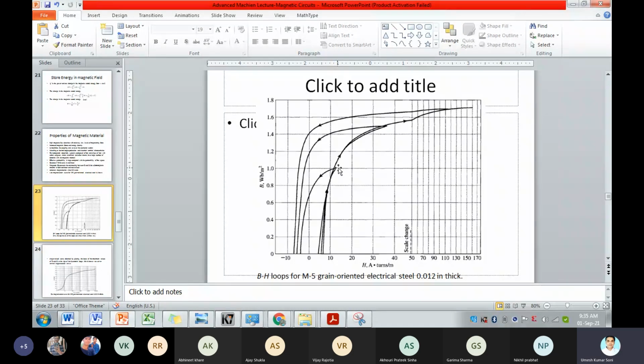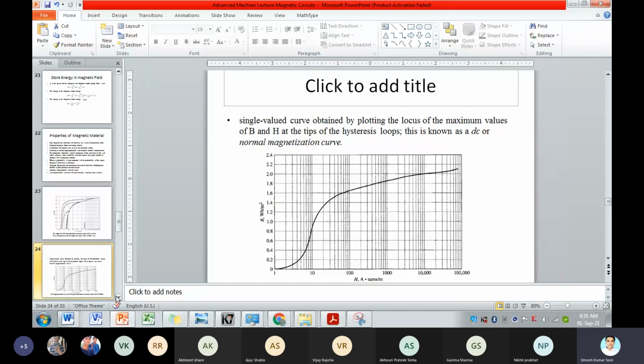If you draw these peak points and connect each other, you will see that a single valued curve is obtained, and this single valued curve is called the magnetization curve.